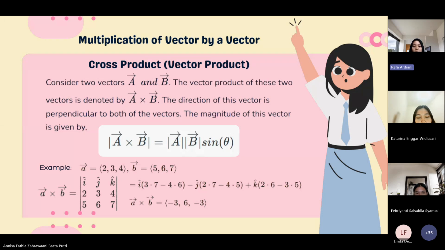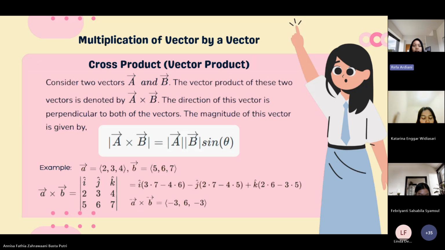For the example, vector A equals 2, 3, and 4, vector B equals 5, 6, and 7. To calculate the cross product, we use a determinant containing the unit vectors i, j, and k.